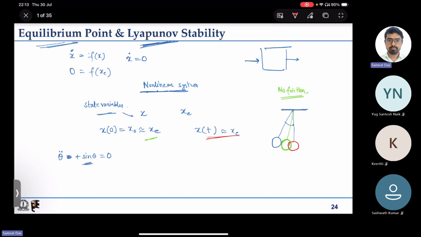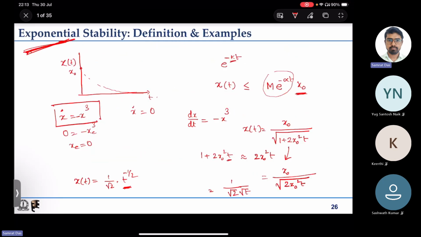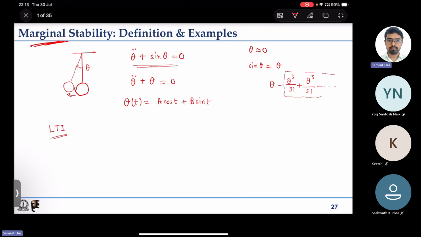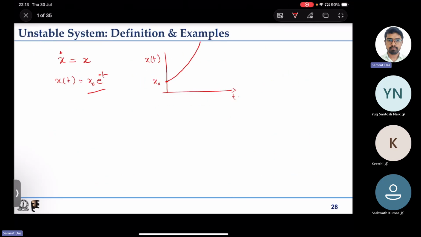So you have different states of the system. Based on the behavior of the states, all these different definitions of stability like Lyapunov stability, asymptotic stability, exponential stability are given, and additionally you have marginal stability where it is neither stable nor unstable, and you have unstable systems also, and I have given examples for each case.